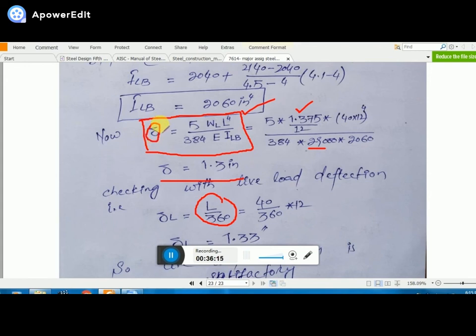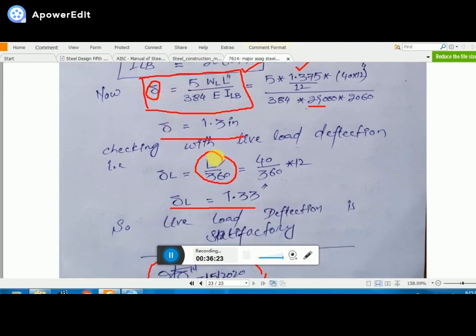For example, if you want that your deflection due to any kind of loading should never be greater than this limitation, then you have to insert this limiting deflection in place of ILB, and you pull out this ILB here, because you only have to cross terms.